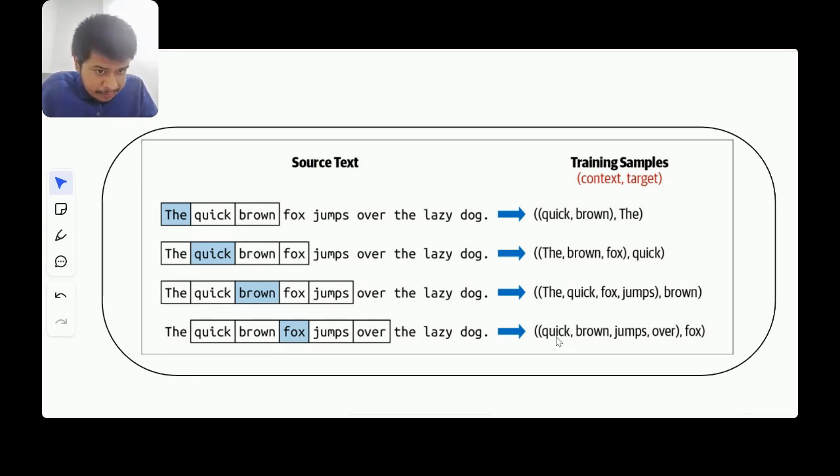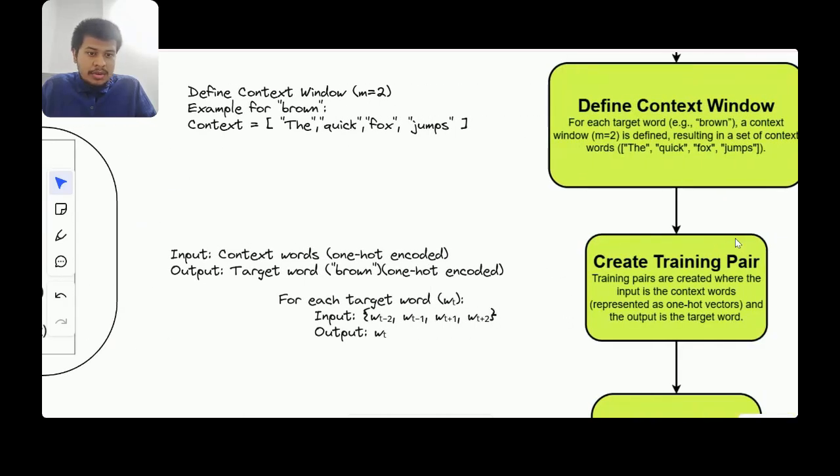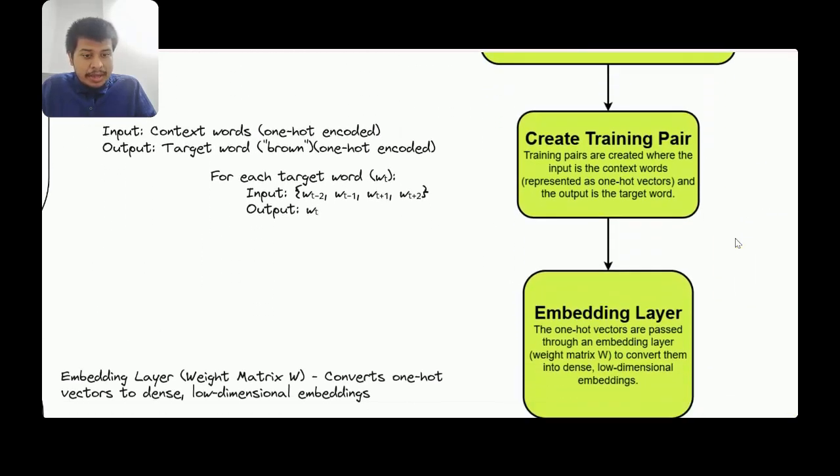Fine. So you can see quick, brown, jumps, over could be your context words for the target word fox. So this is how your input and output pair, or the training samples, will look like for the Word2Vec model training.